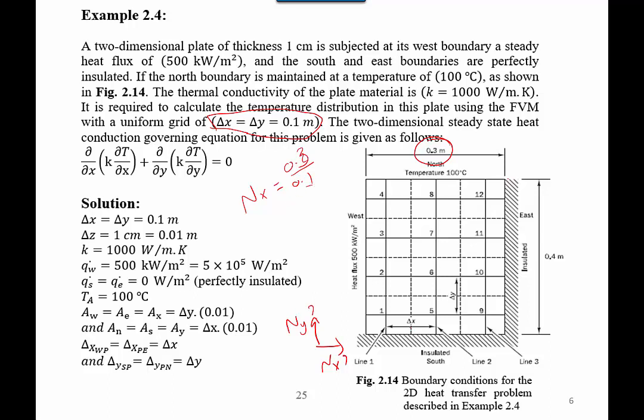Therefore, we will have 3 control volumes in the x direction, and ny will equal the height, which is 0.4, divided by delta y, which is 0.1, so it will be 4 control volumes in the y direction. Okay, let's delete these marks because we need a clear space to describe other things.